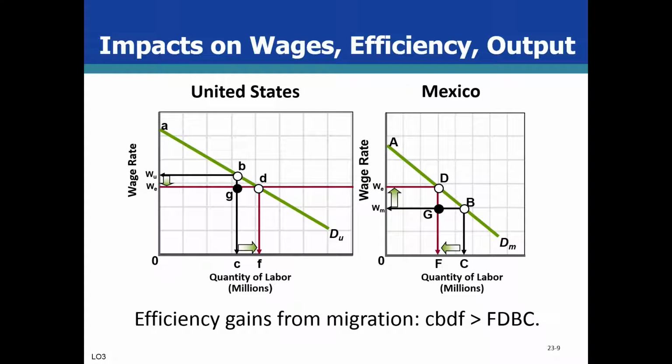And because they have less labor supply, the wage in Mexico moves from WM to WE. So, we see the differences here. Output goes down in Mexico, but wages go up. Less labor, and therefore the need for firms to provide or give a higher wage to get the labor. In the United States, the lower wage increases the output.